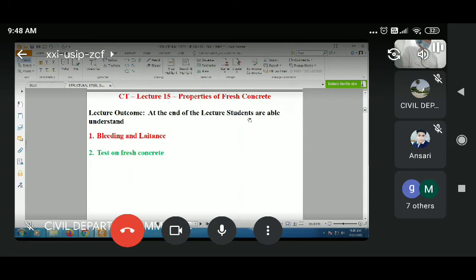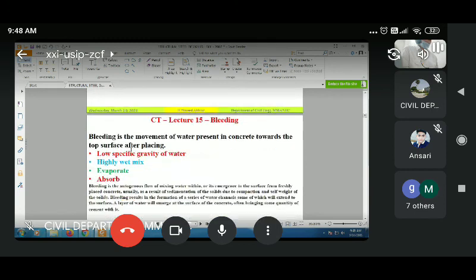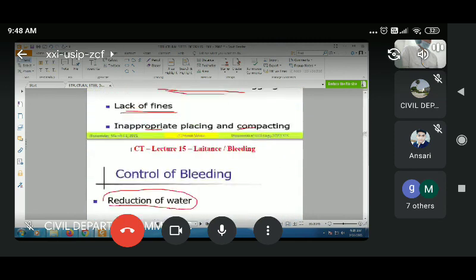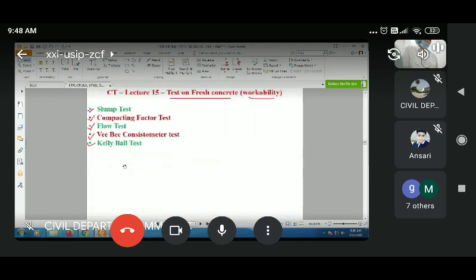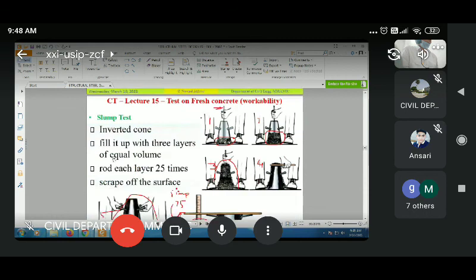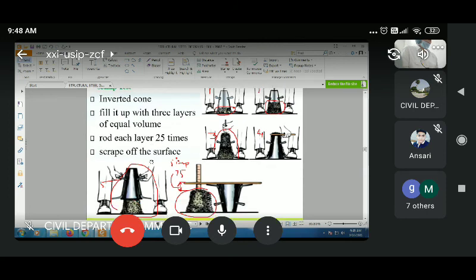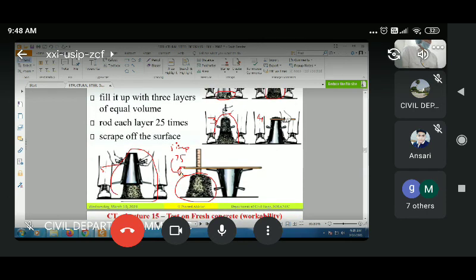So today we have completed bleeding and workability of concrete and tests on fresh concrete. Three tests we have seen today. The first one is the slump cone test. This is a conical cylinder, and we fill it in 3 layers, then strike out the excess concrete, and the slump is recorded in mm.